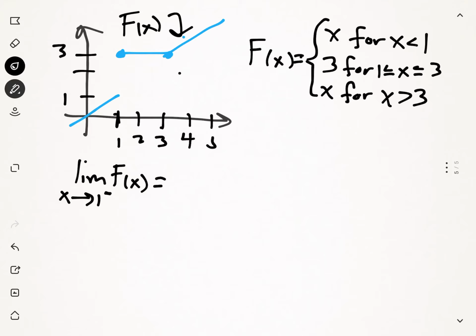You want to go back to the original piecewise function and look at it. You know that the limiting value is the value that cannot be obtained, so that's what we're looking for. What is the limit as we approach 1 from the left?